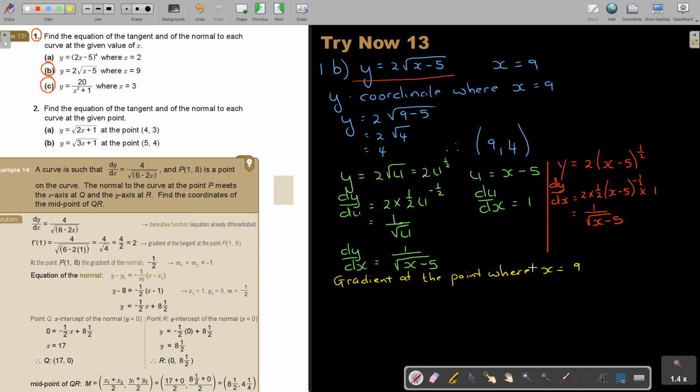This is going to just be dy over dx, and just substitute 9 in the place of x. So it's 9 minus 5, and it's 1 over the square root of 4, which is a half. So what is that gradient? That gradient is a half.